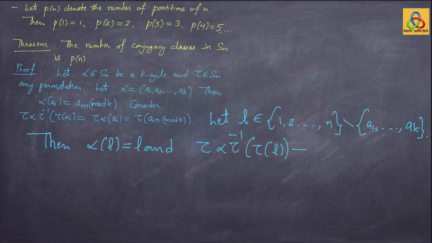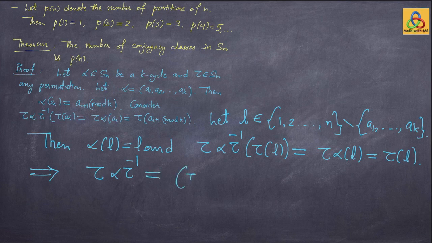This by definition is just tau alpha of l, but alpha of l is l, so this is just tau of l. So tau alpha tau inverse maps tau of ai to tau of a(i plus 1), and it fixes everything outside this. So this implies that this permutation tau alpha tau inverse, first of all, is a k cycle, and the cycle is of the form (tau of a1, tau of a2, and so on, tau of ak). So the conjugate of a k cycle is a k cycle. This is the observation we have made.